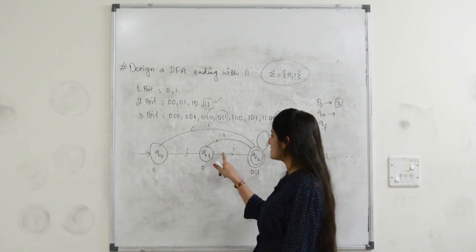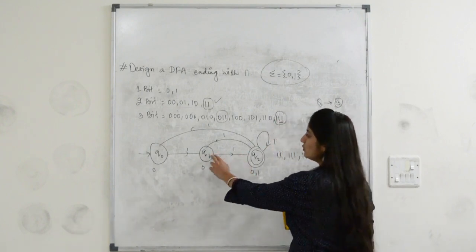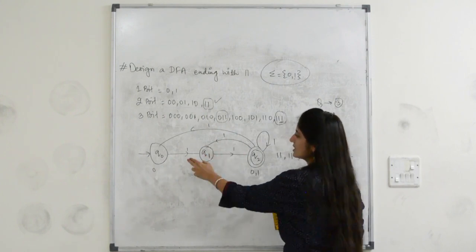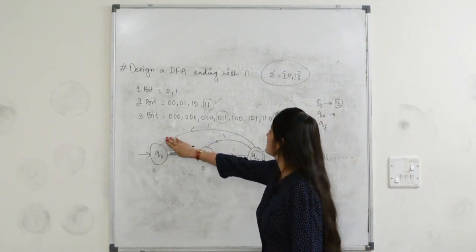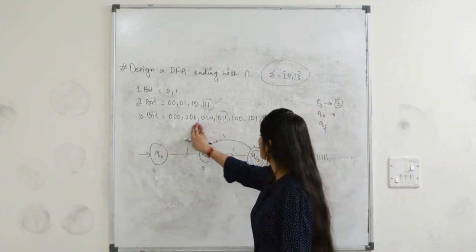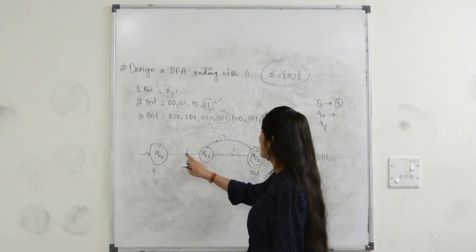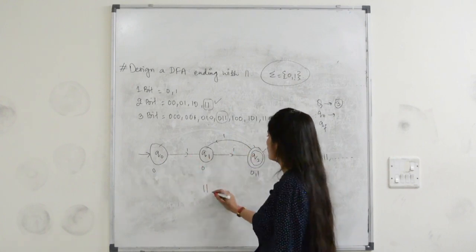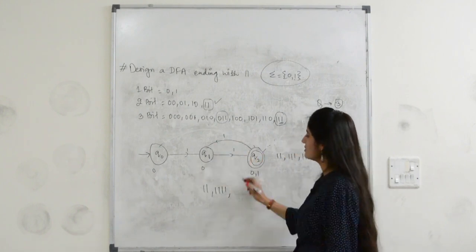If I talk about this state, what is it accepting? To know this, we have to take this particular loop and find out the strings. When I take this transition, what types of strings are accepted? 11, then 1111, 4 ones, then 111111, 6 ones.